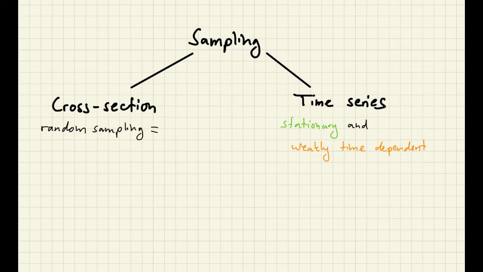And instead of saying that we sample randomly, a lot of people say that we sample identically and independently. So a random sample is identical and independent. I will now demonstrate that the stationarity property corresponds to identical sampling and the property of weak time dependence corresponds to independent sampling.